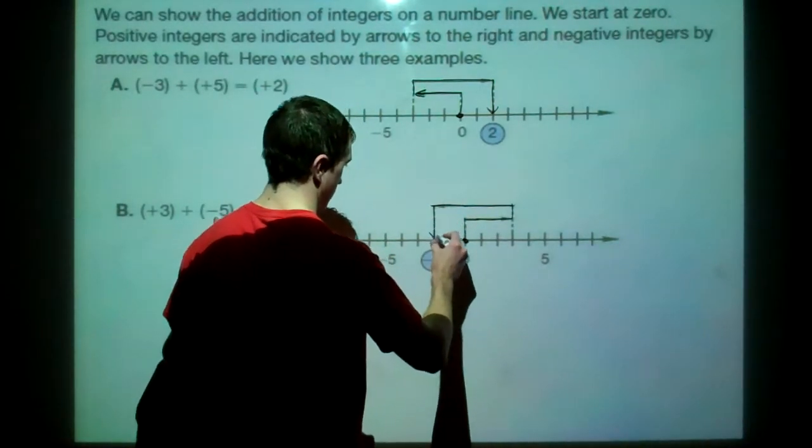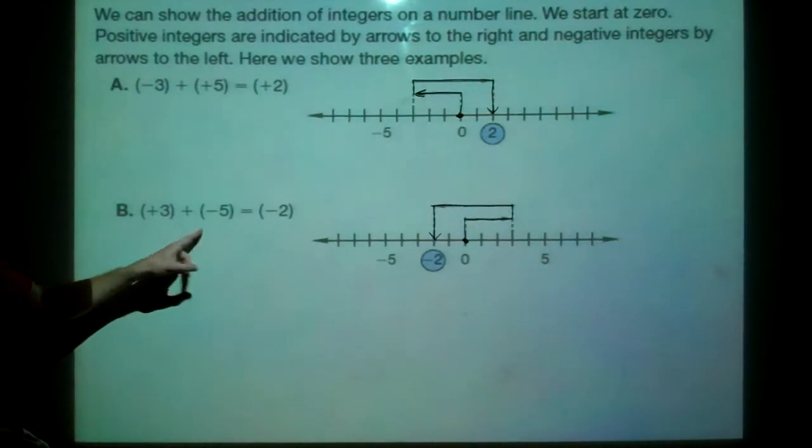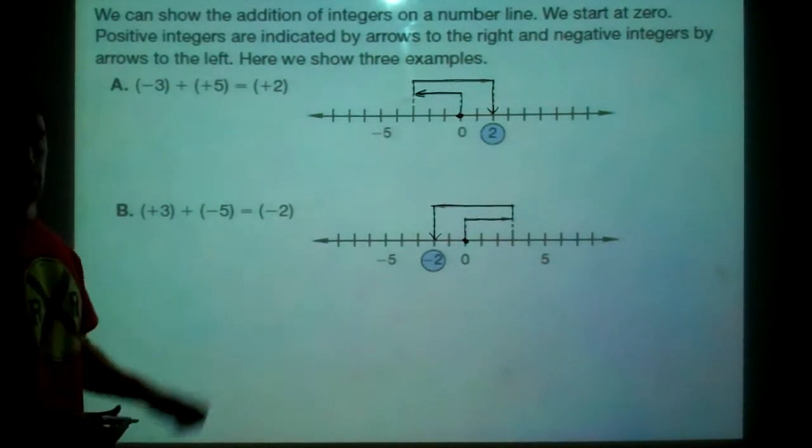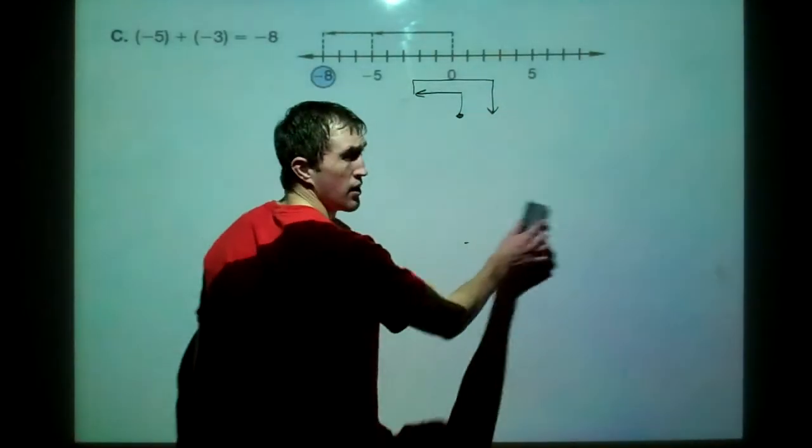And we find ourselves at -2. So +3 plus a -5 results in -2. Okay? So we could always do these on the number line, but obviously when we get into some bigger numbers, that's going to be an issue.